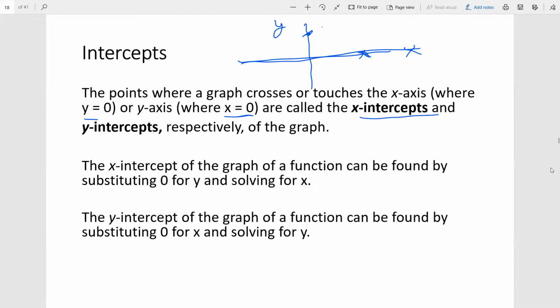They're called the x-intercepts and the y-intercepts, respectively, of the graph. You can find the x-intercept of a function by substituting 0 for y and solving for x. And the y-intercept of a function can be found by substituting a 0 for x and solving for y.